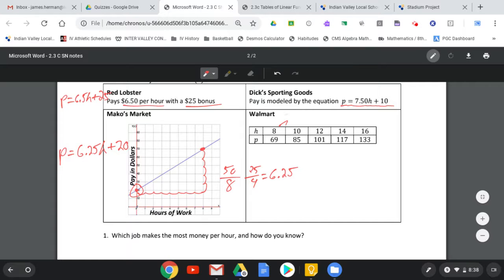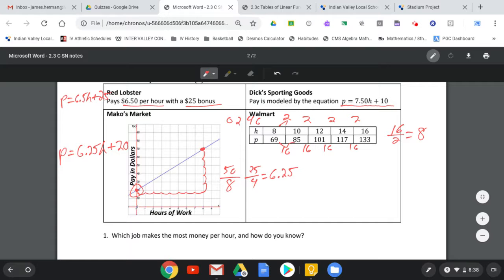All right, last one, Walmart. This one is going up by 2, 2, 2, 2. And this is going up by 16, 16, 16, 16. So 16 over 2, which is 8. Can I backtrack? Sure. That's 6, 4, 2, 0.